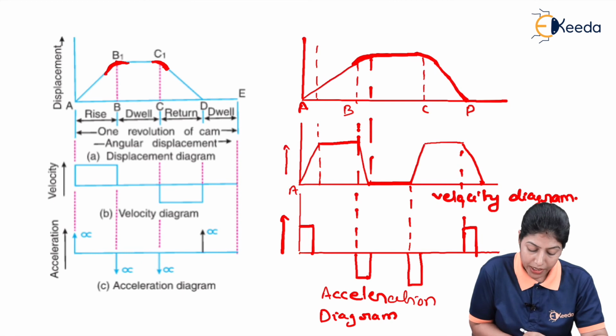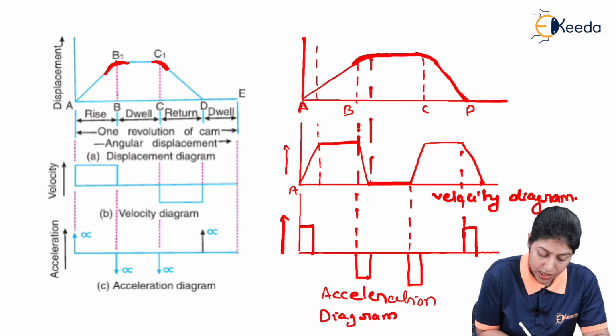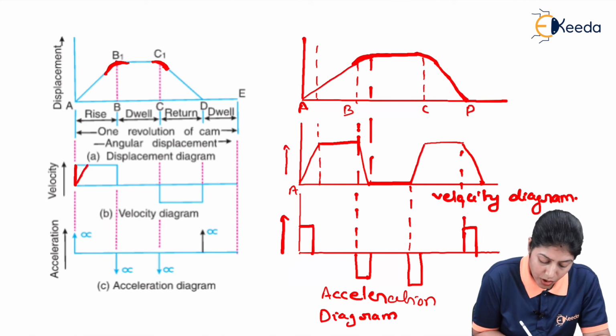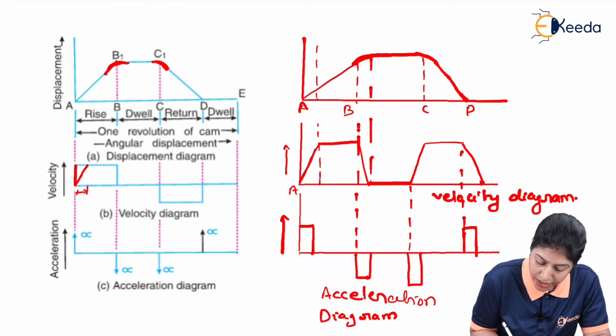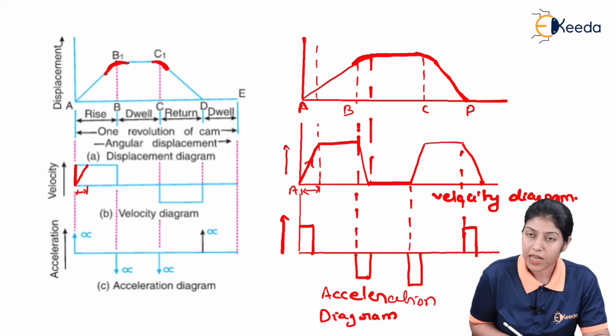And if we want the practical condition, this particular line should not be straight. The maximum velocity we should get for a particular period of time. So here this straight inclined line is representing change in velocity in a particular time period.